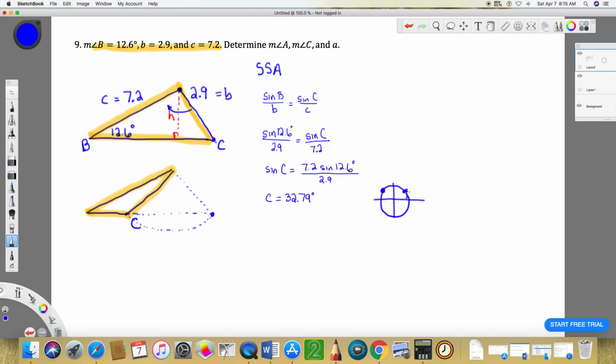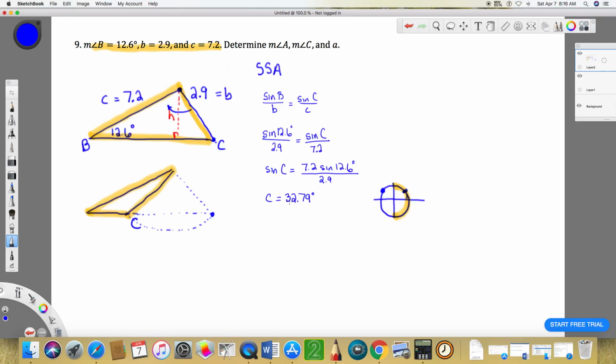One's in quadrant 1. The calculator gives us that one, but we have to find this other angle ourselves. That's why it's producing two, and that's why students find these problems a little bit difficult, because everybody expects the calculator to do everything for us, and it doesn't.